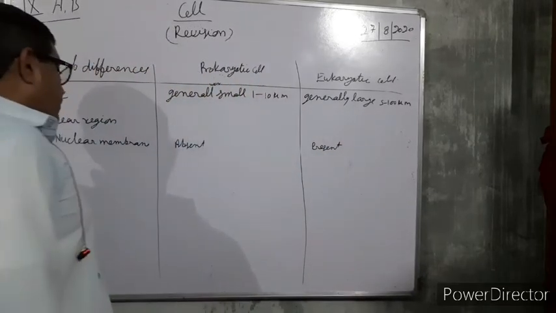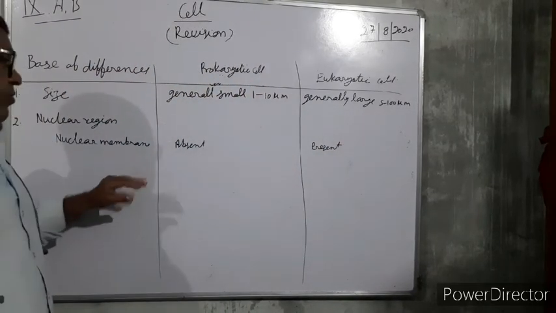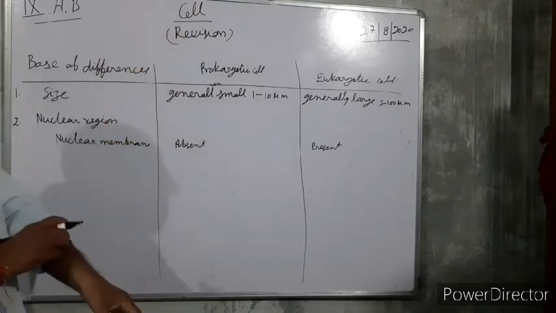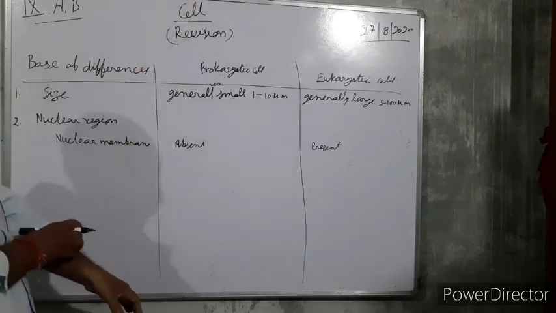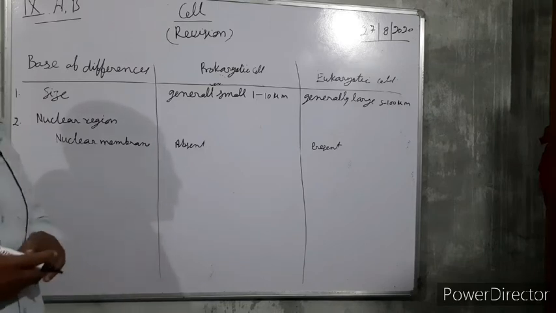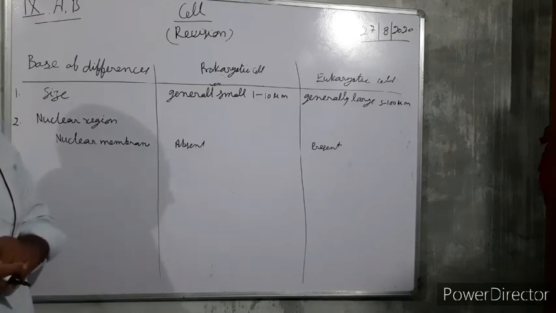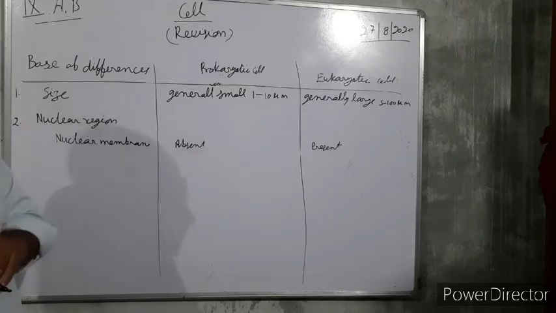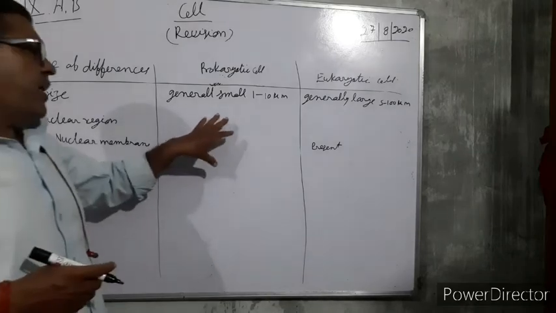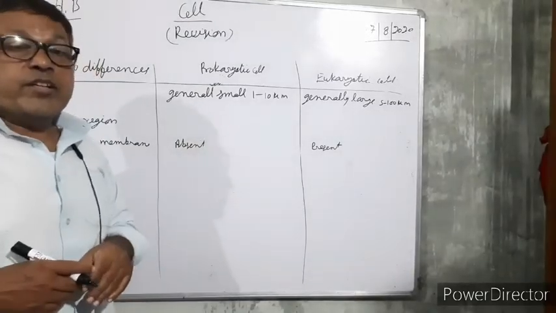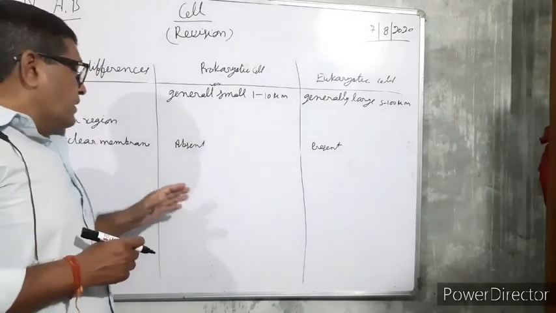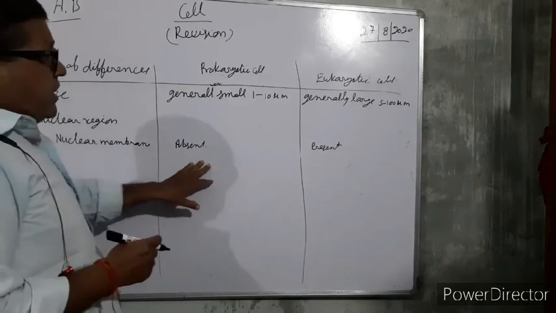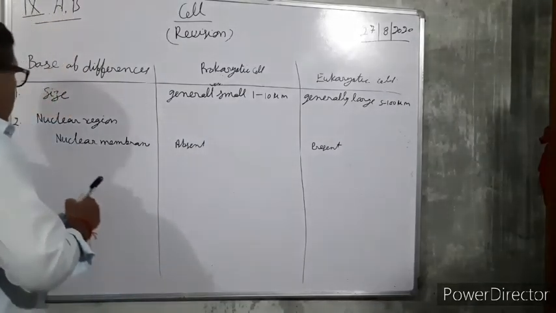In the prokaryotic cell, there is no well-defined nucleus, and the nucleus is called the nucleoid. So the nuclear membrane is absent in the prokaryotic cell, and it is present in the eukaryotic cell.